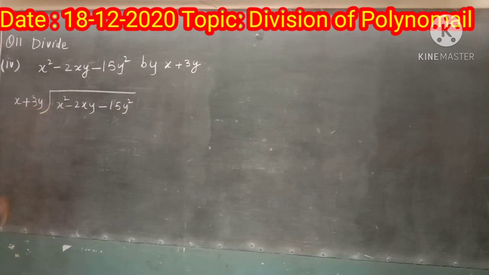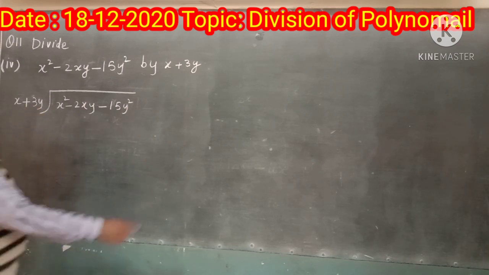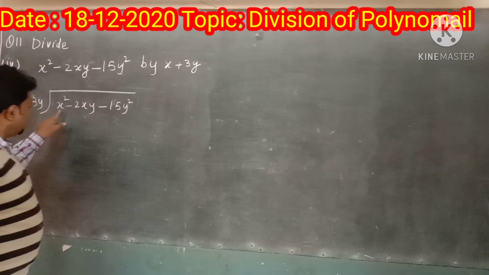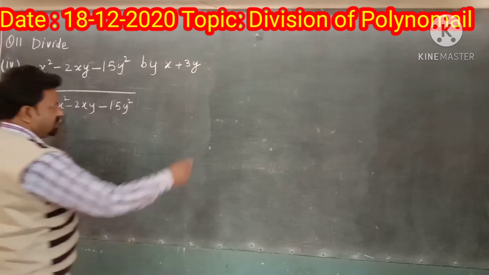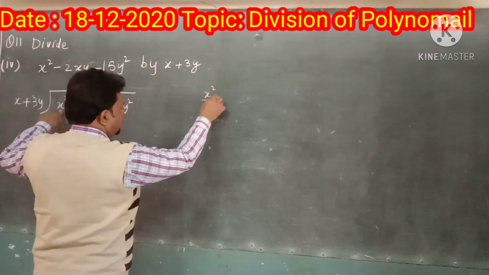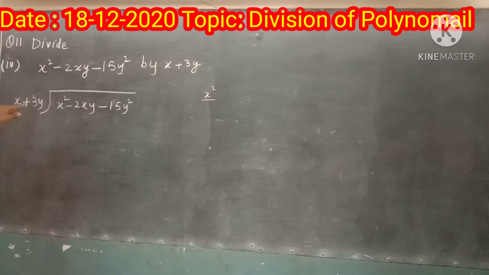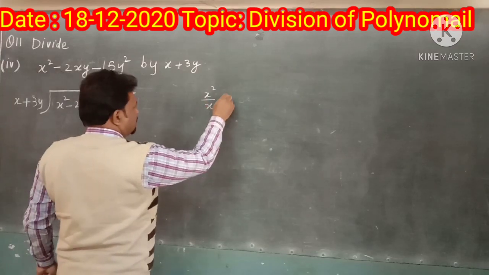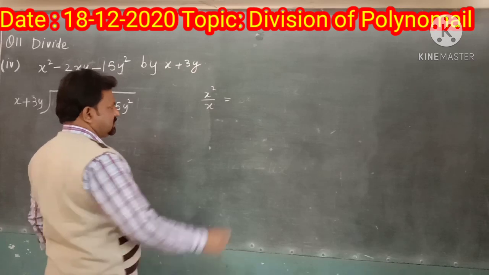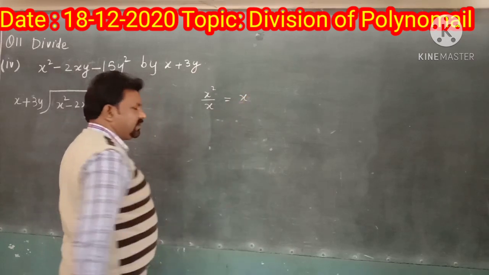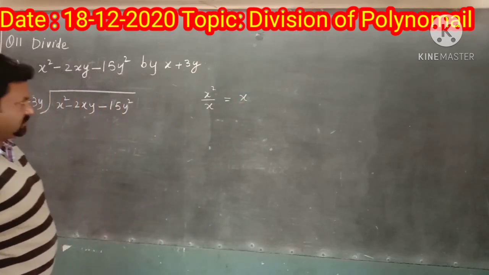When we start the division, in the first step we will take the first term of the dividend, that is x square, and divide it by the first term of the divisor, that is x. So x square divided by x, the result is equal to plus x.